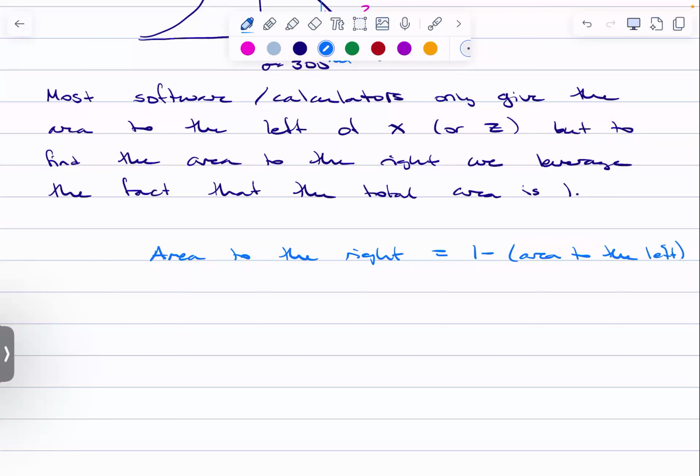So one easy way of avoiding software and calculators and calculus and all that fun stuff is using the empirical rule.